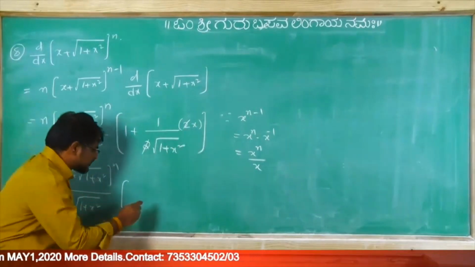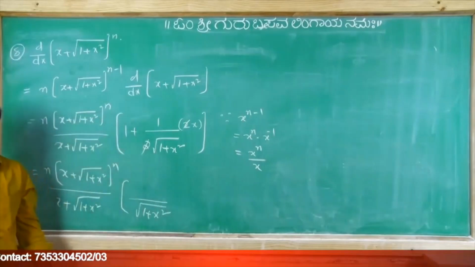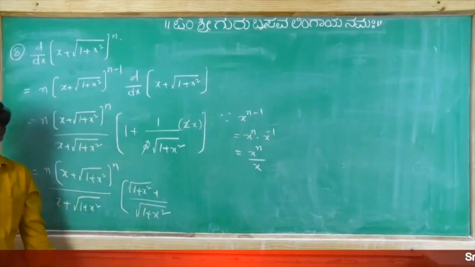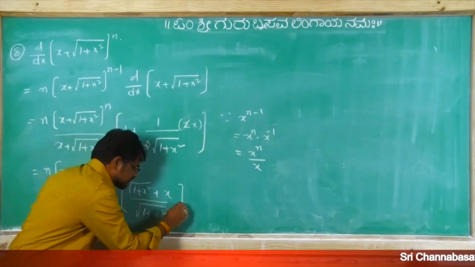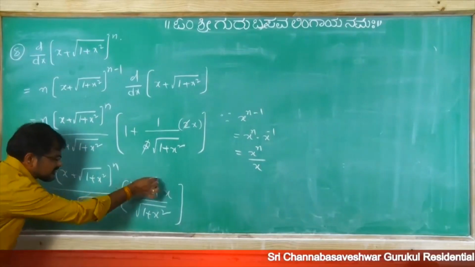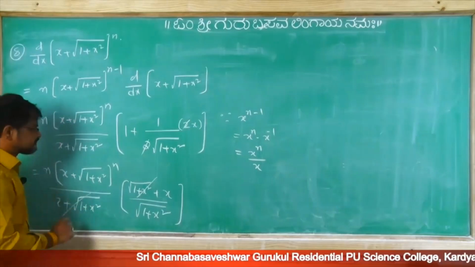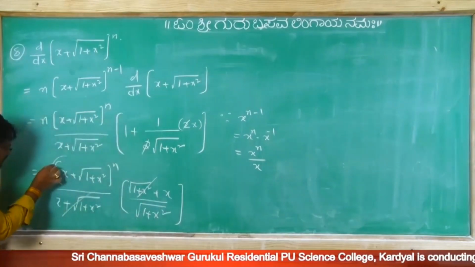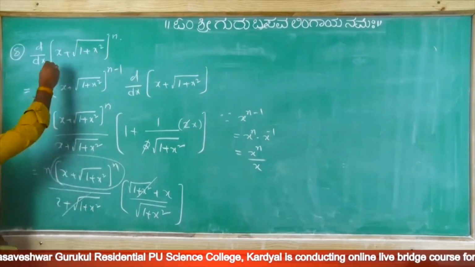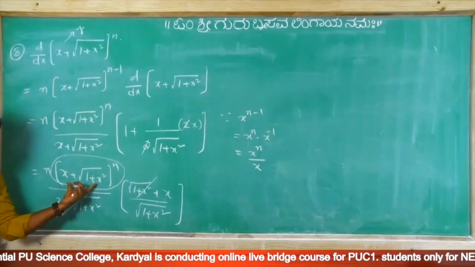Here take the LCM. What is the LCM here? Root of 1 plus x square. Here what will we get? Root of 1 plus x square plus x remaining. Now is there any cancellation here? Yes, this one and this one get cancelled. What is remaining? n. If you want to write this, suppose you take this as y, you can replace that y here.